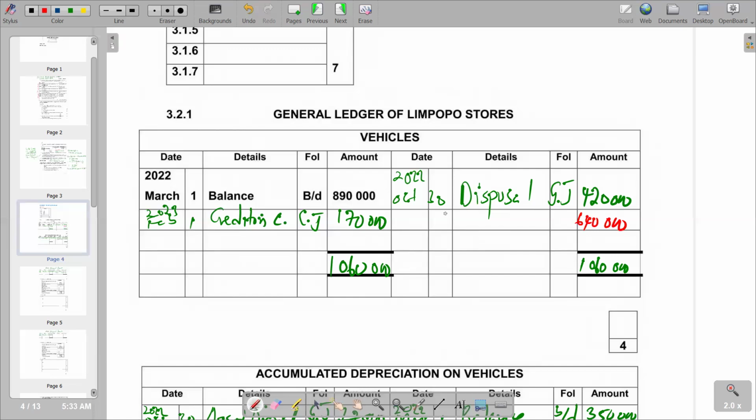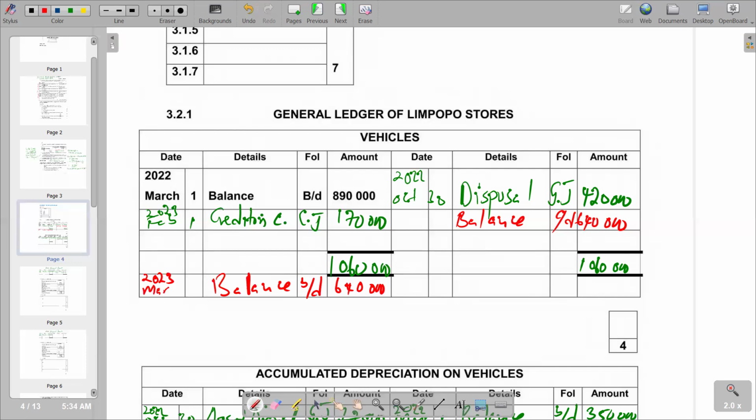And this is going to be your balance CD. And this again becomes your balance BD on the other side below the double lines. So we say a balance BD, 2023, March 1.